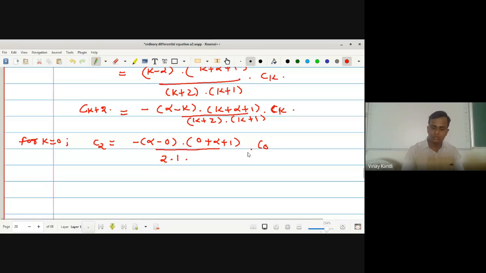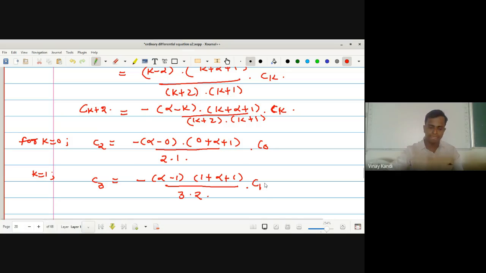So this is the C naught. Now for k equal to 1, what we get? C3 is equal to minus alpha minus 1 into 1 plus alpha plus 1 divided by 3 into 2 into C1.